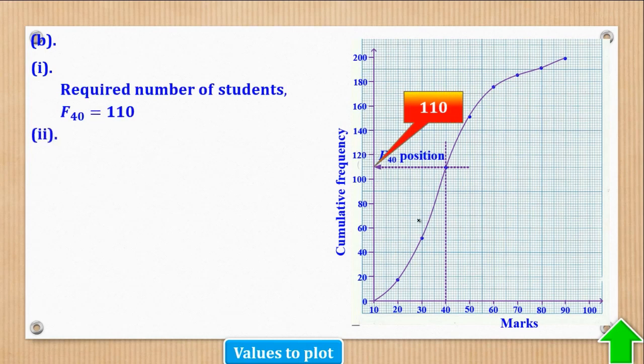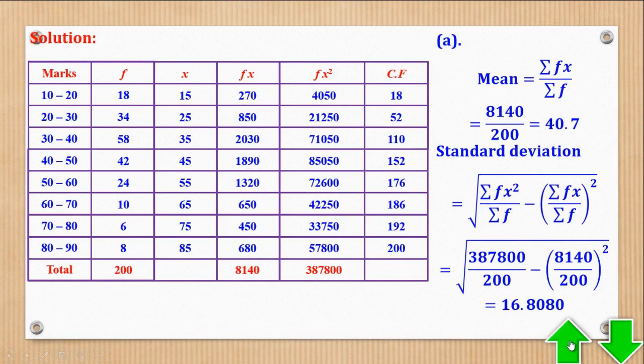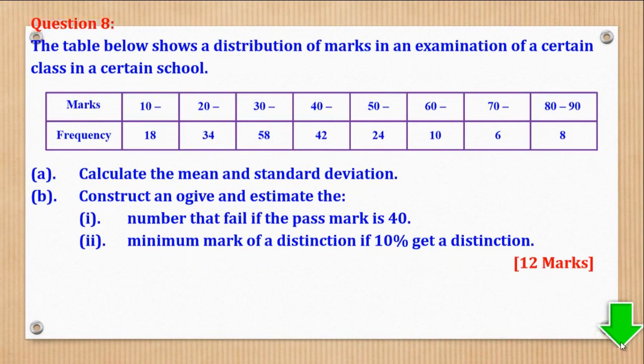That was Roman 1. What about Roman 2? For Roman 2, they want the minimum mark of a distinction if 10% get a distinction.